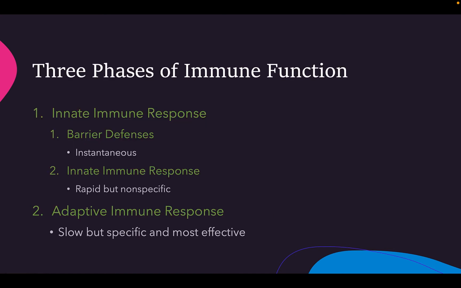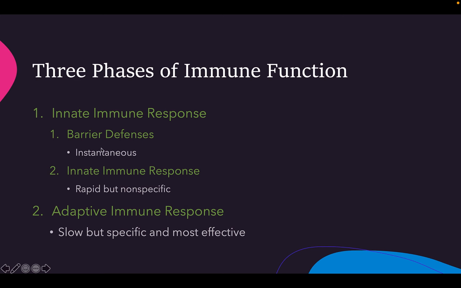So, the immune system is a collection of barriers, cells, and soluble proteins that interact and communicate with each other in very complex ways. The three temporal phases that have different effects consist of the following. We have the innate immune response that has two of them, and we have the adaptive immune response.